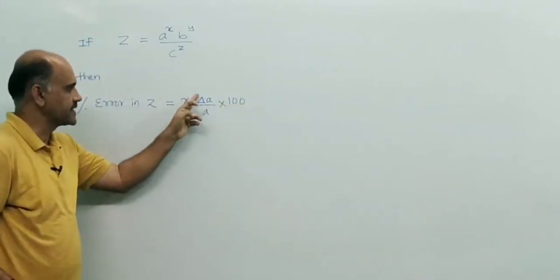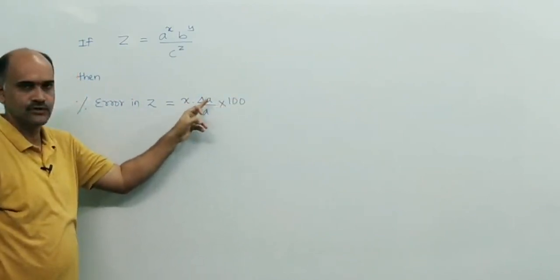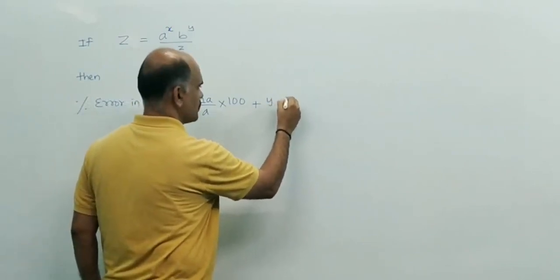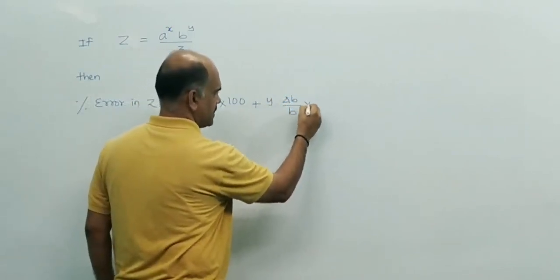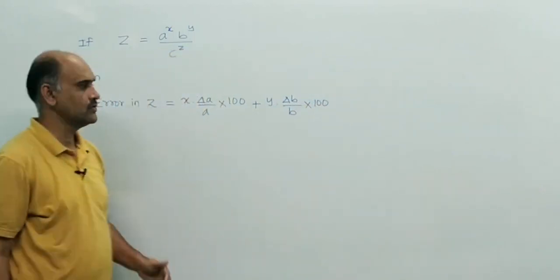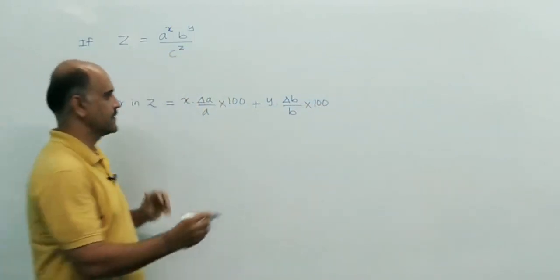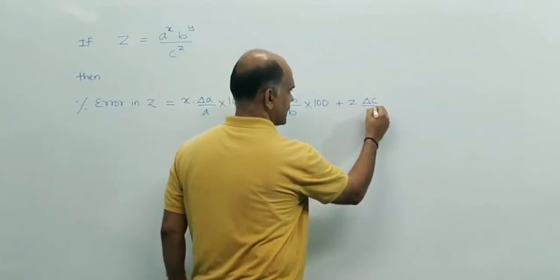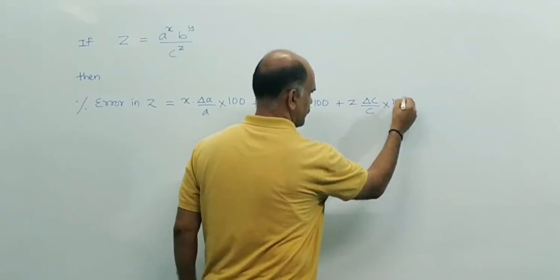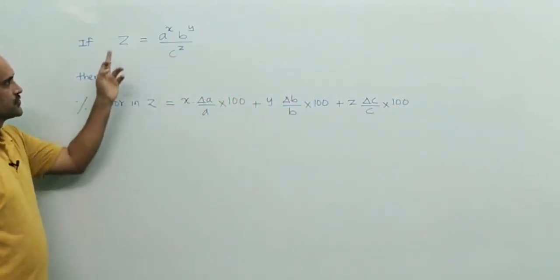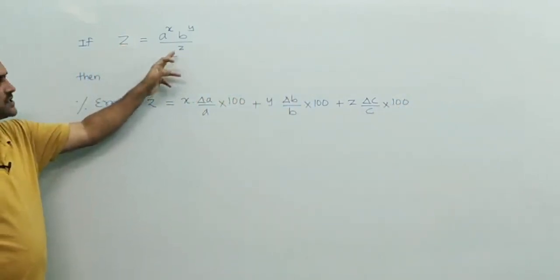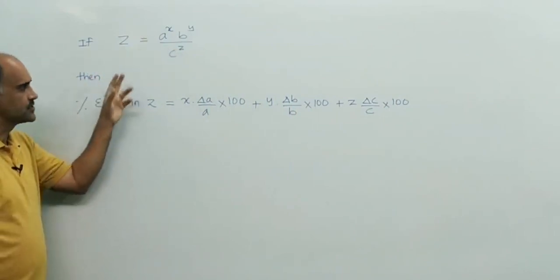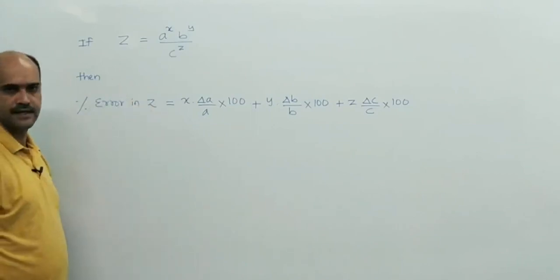So this is percentage error in A: X into percentage error in A, plus Y into percentage error in B, then for C, plus Z into percentage error in C. So this will be the answer. So this Z is different, this is different. Just for denotation I have taken it as small z. So this will be for 1 mark. You are required to find the percentage error in Z.